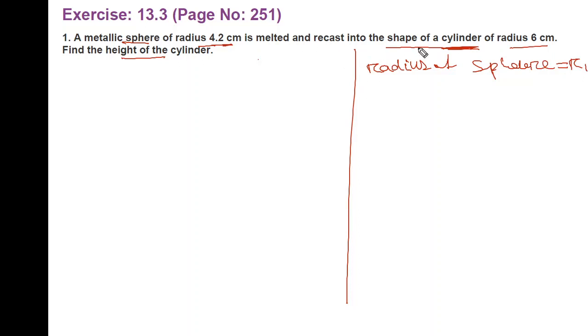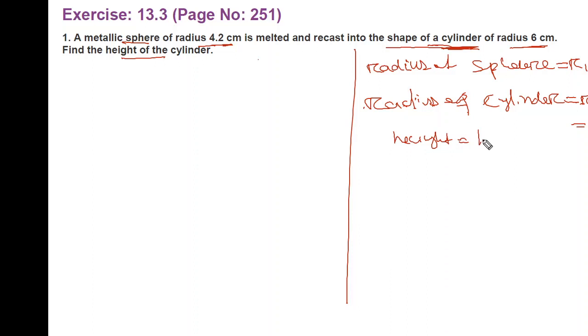And here there is a cylinder, so let the radius be equal to 6 cm. Here r2, you can write r2 equal to 6 cm. We have to find the height, so you can write height equal to, you can say h.